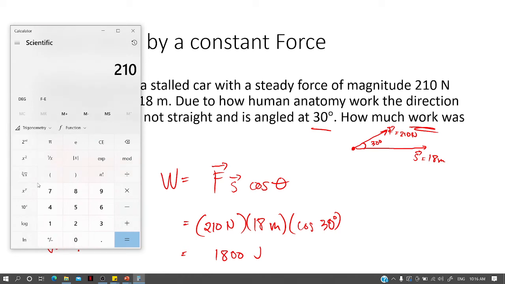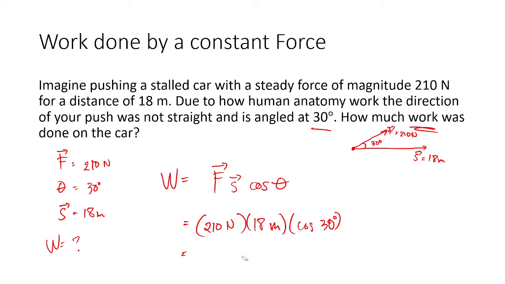Pwede naman. Pakita ko sa'yo. 210 times 18 times 30 then cosine. Tama. Okay. So, we will have here, let me just erase this. We will have 3,273 joules.